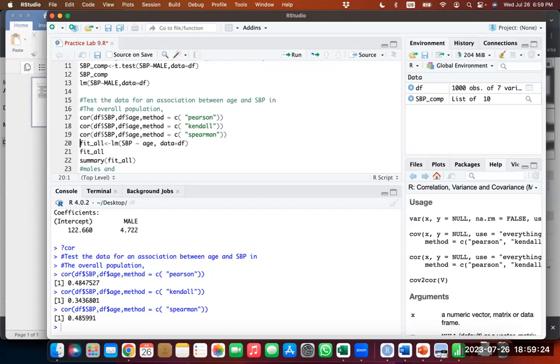Okay. Linear regression. In its simplest form, you run linear regression with the lm function. You're packing it in an object. You call that object fit all because it's all the patients. That was very innovative in the variable labeling. So we have lm of SBP tilde age, and the data set is df.